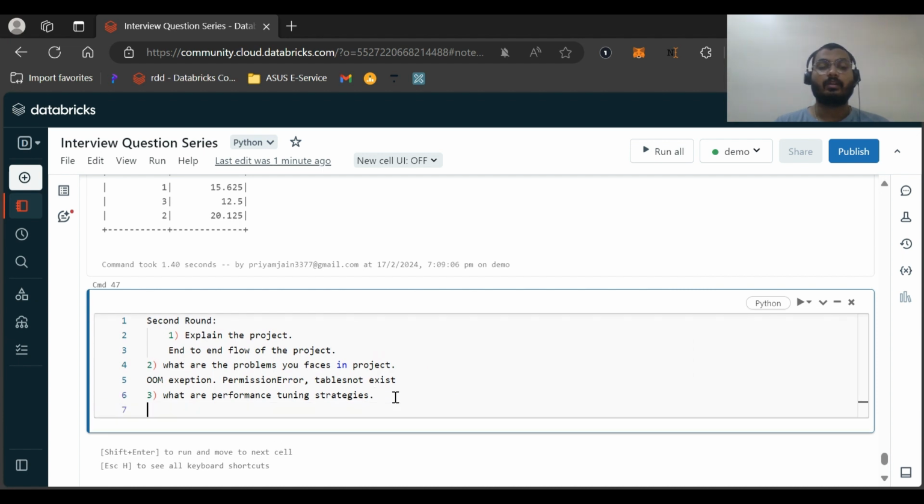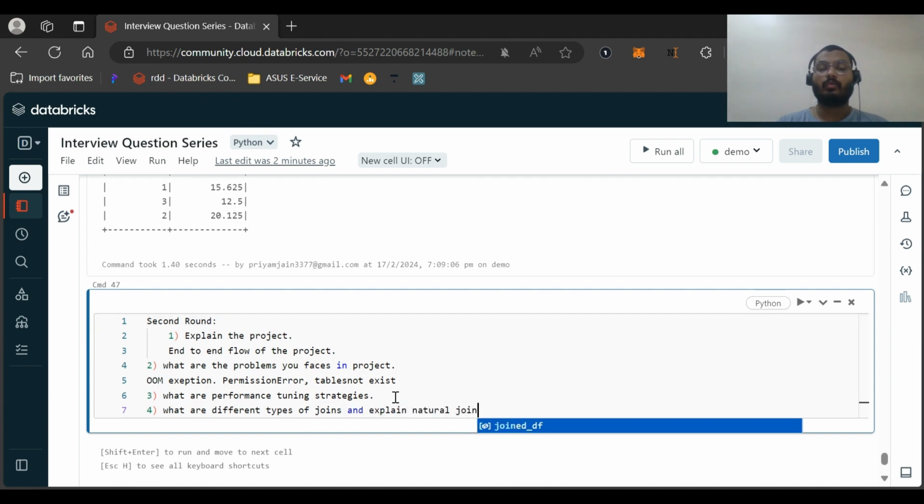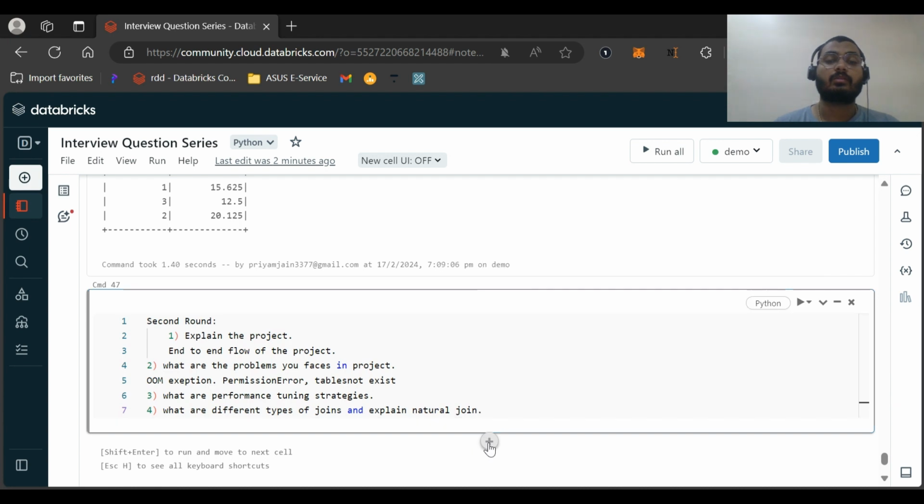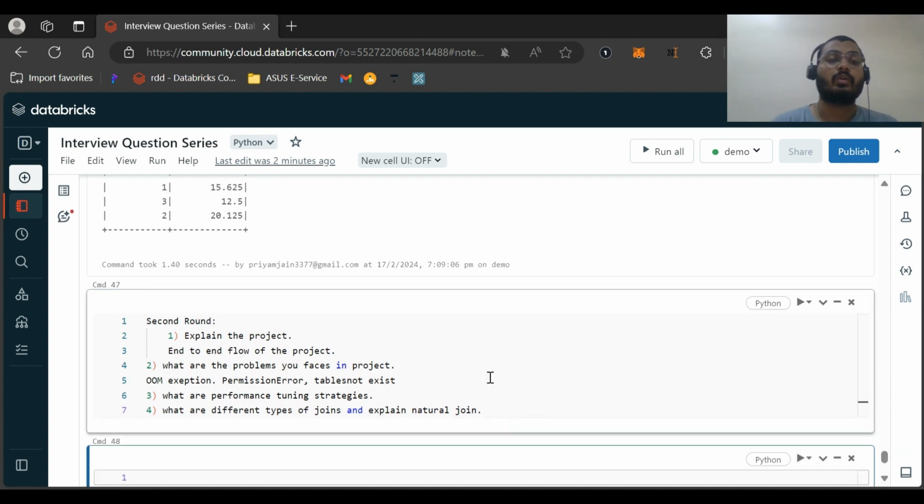These are the three questions that he got, and one more question he was asked, which was a SQL question: what are the different types of joins, and explain natural join. Generally we say left join, outer join, full outer join, and the next is natural join. This was one of the questions. So this type of question you can expect in an interview if you are going to give an interview for Nagarro.